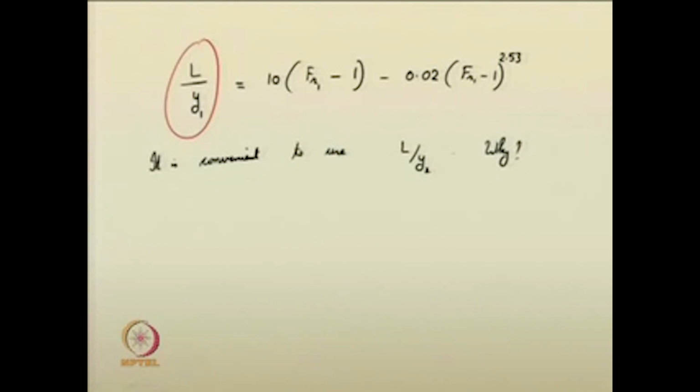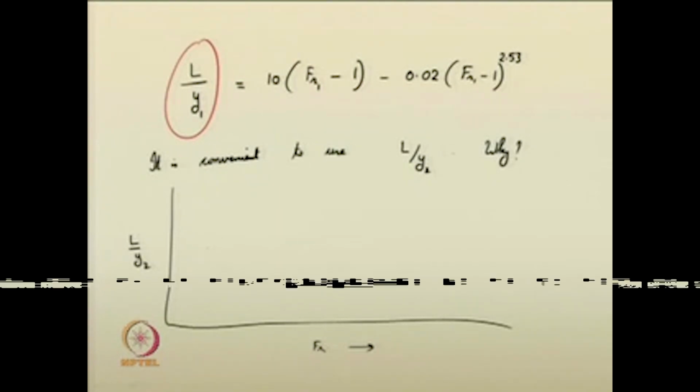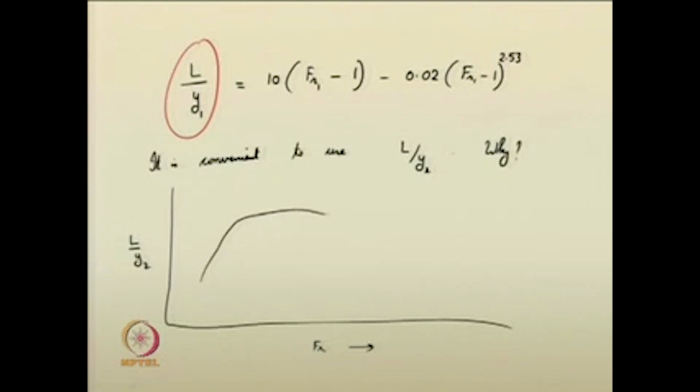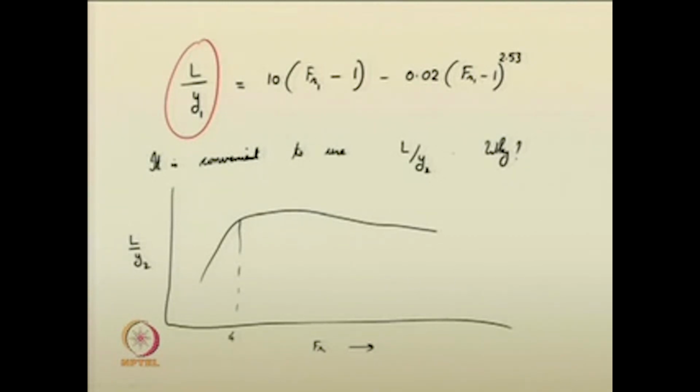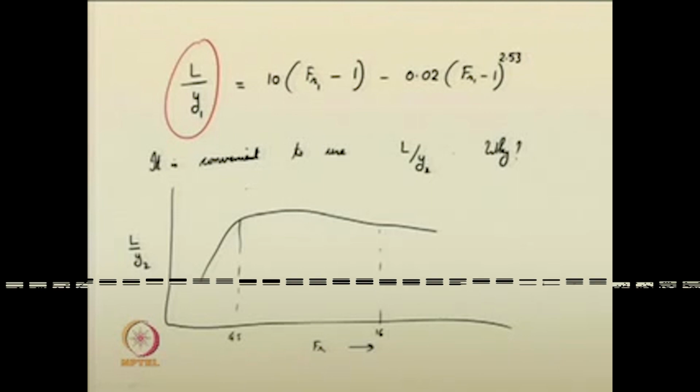One of the reasons is that in their experiments, when they plotted the upstream Froude number with respect to the ratio L by y 2, they found that the curve is more or less uniform for a certain region, say from Froude number 4 or 4.5 to 16, where they roughly have the same magnitude.